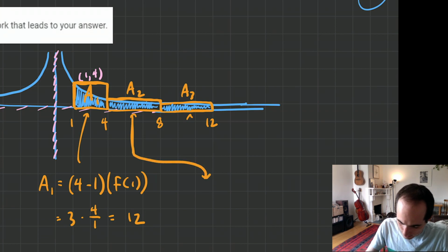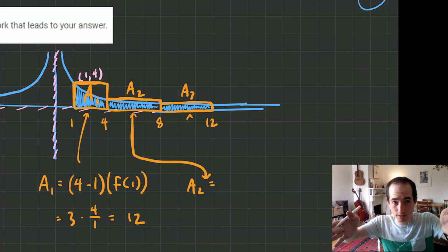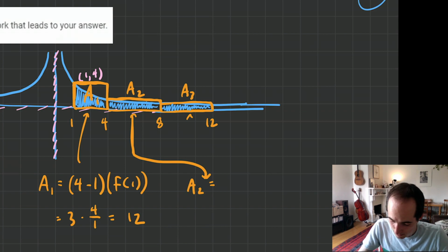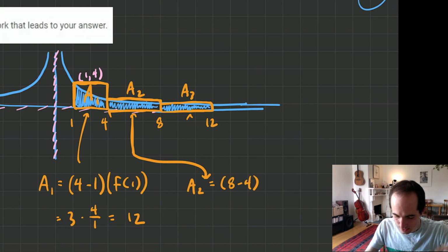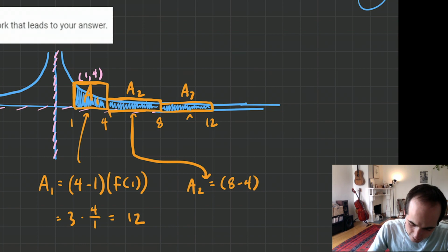Area 2 is equal to, well, the length of this little rectangle is 8 minus 4, right? That's what this area here represents. That's the distance from here to here, and the height of it is the function f evaluated at x equals 4.